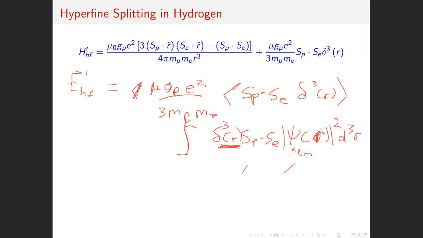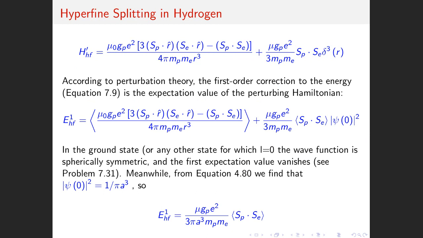This just gives you the value evaluated at 0. So you end up with something like psi 0 squared. Right? So that part of the hyperfine energy correction will just be proportional to psi 0 squared. Right? This term. So is everyone happy with how I obtained that term?